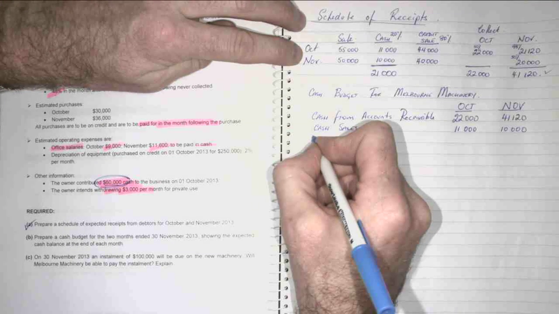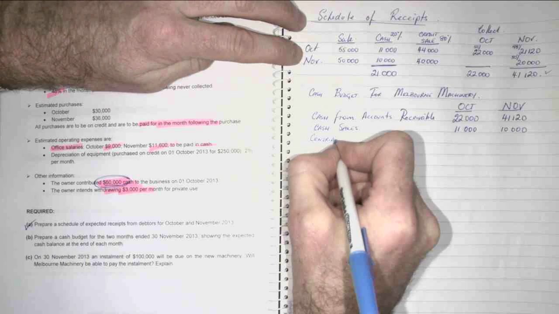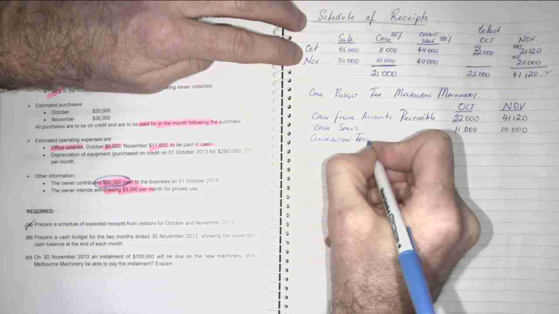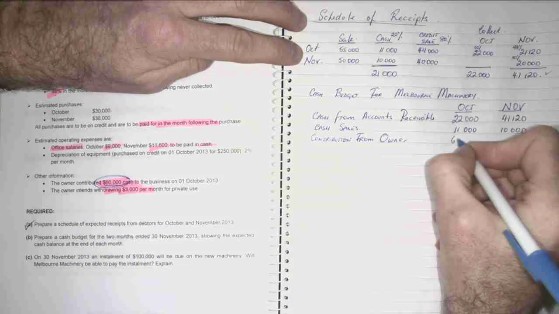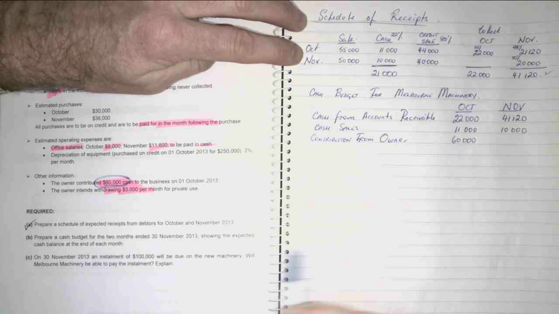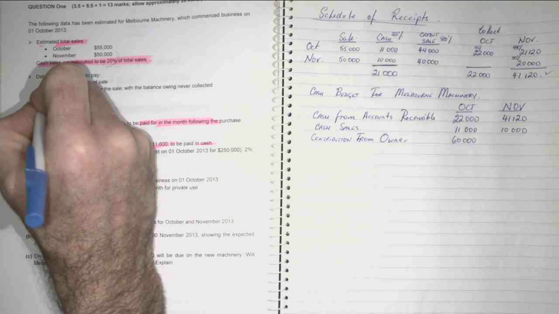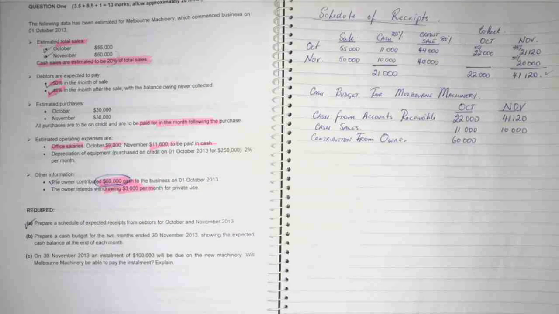So contribution from owner is 60,000. And I'm pretty sure that ticks off all of them.